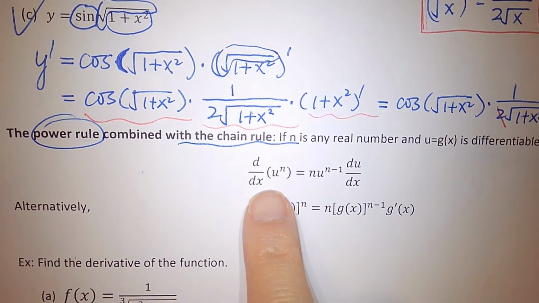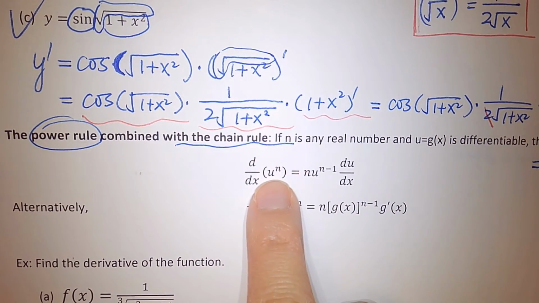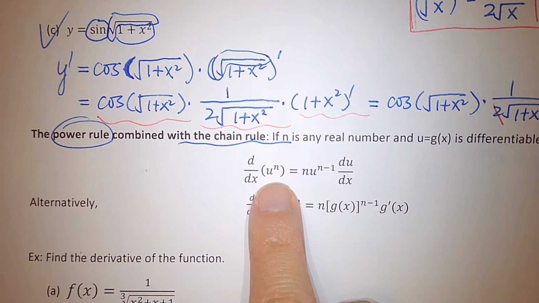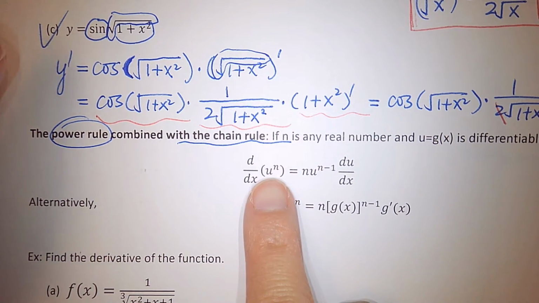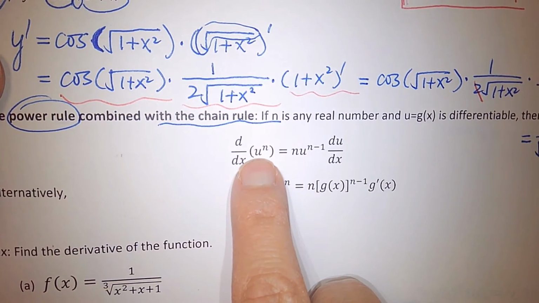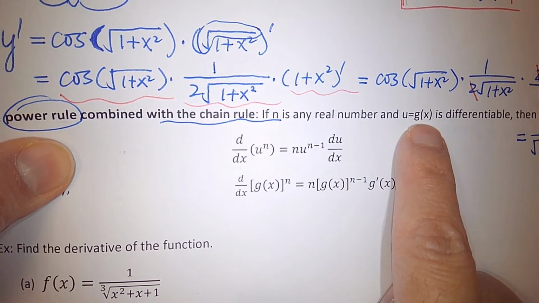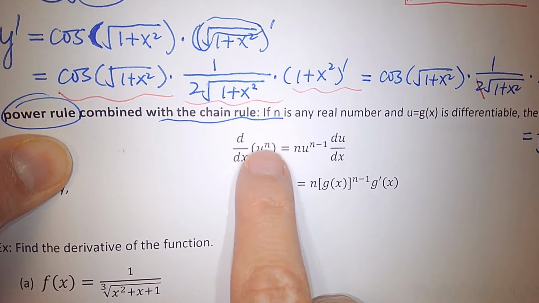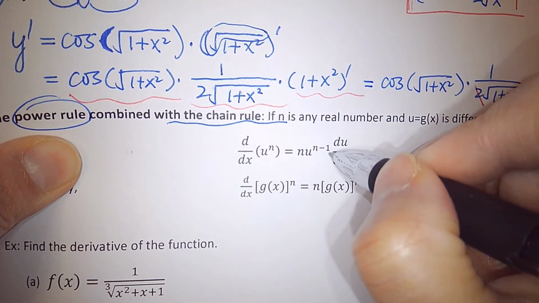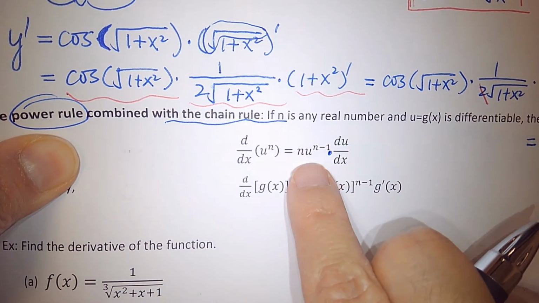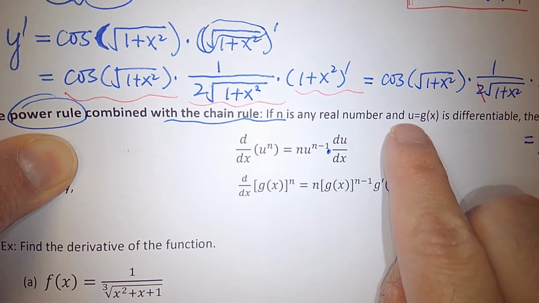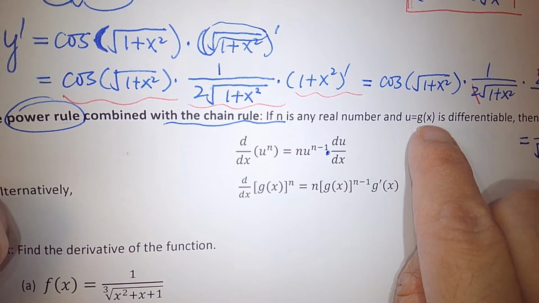So that means, when I use the power rule, everybody knows how to do the power rule, right? The derivative of x to the nth power equals n times x to the n minus 1th power. Now, this u is a function of x. So to differentiate u to the nth power, first we use the power rule to get n times u to the n minus 1th power. Then we times what? du over dx.